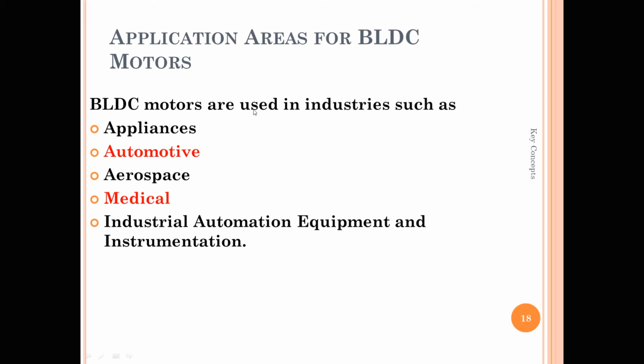Let's see some major areas where we use these motors. Appliances: we have seen ceiling fans, solar ceiling fans, and different types of exhaust applications. There are a lot of applications in appliances. Automobile: you can see the auto rickshaw, some bikes, and a lot of other applications.